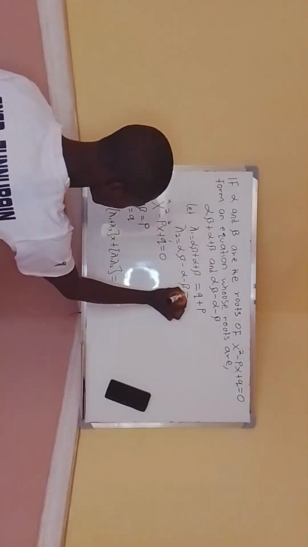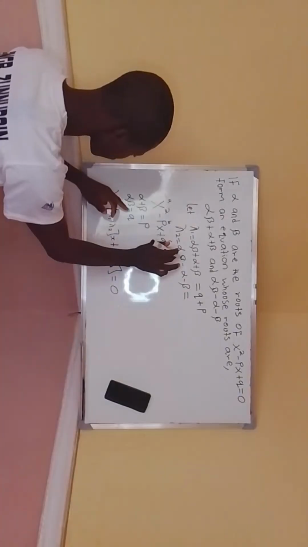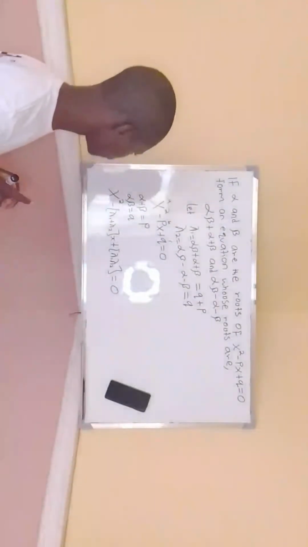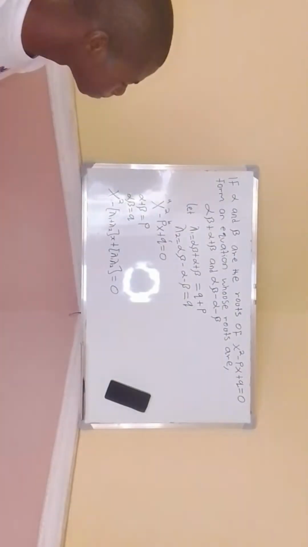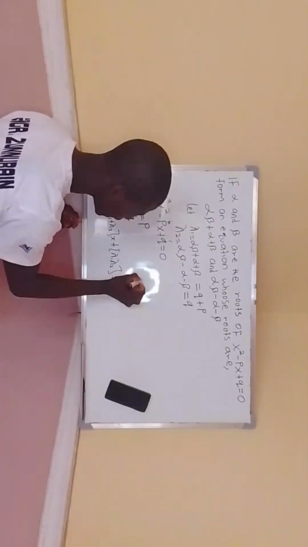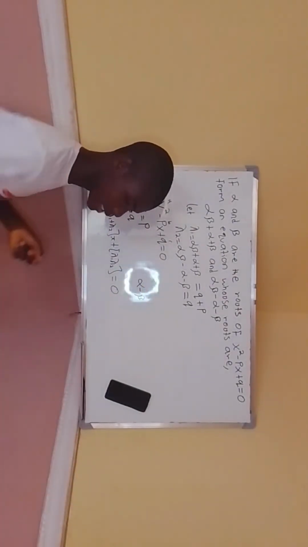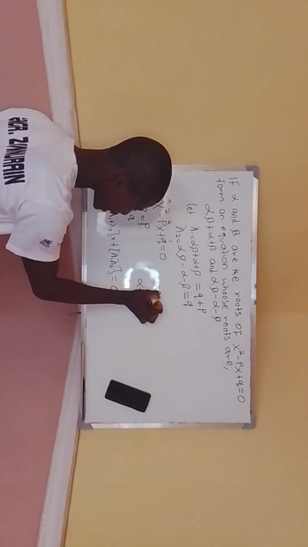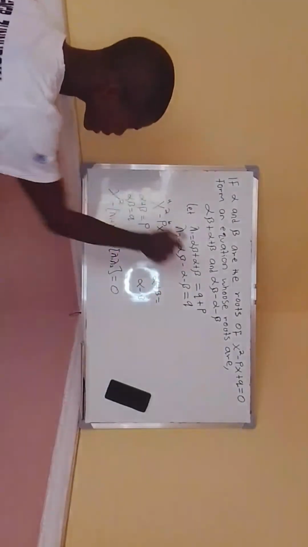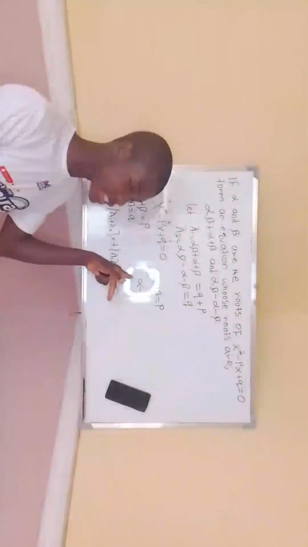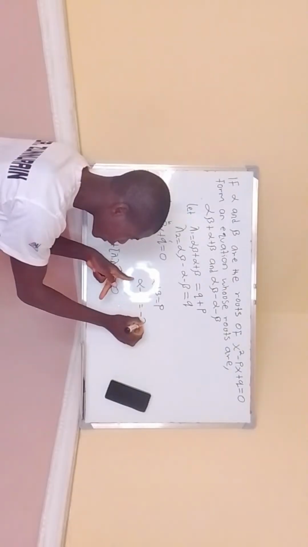For the new lambda 2, it is the product of the roots, q, minus the sum. Since alpha plus beta equals p, alpha minus beta will be equal to minus p.